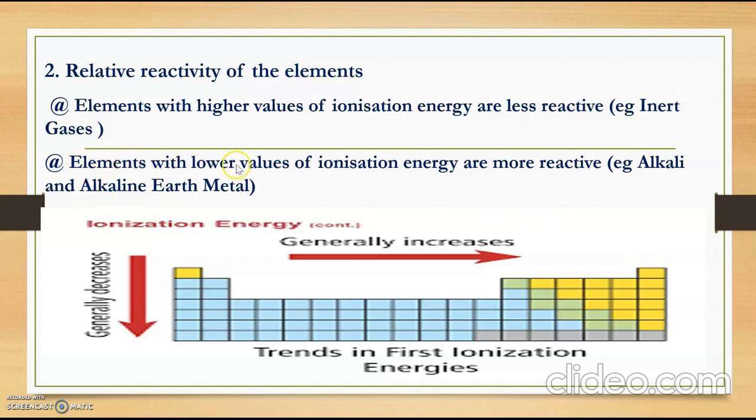Elements with lower values of ionization energy are more reactive. For example, alkali and alkaline earth metals, that is s block elements, show high reactivity due to low values of ionization energy. They easily lose electrons and react with other elements. In comparison, p block elements cannot lose electrons easily and do not react fast.